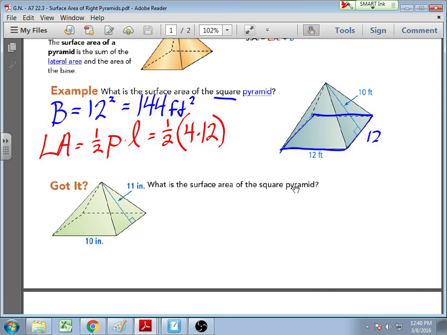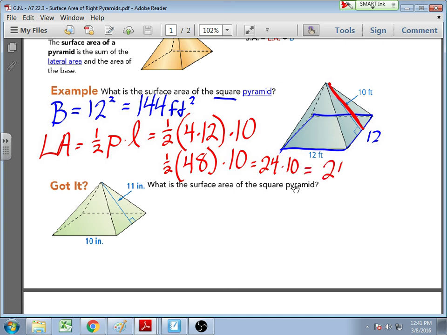And then the slant height, we're told right here, is 10. So if I drop down with my math, this is going to be 48 and this is going to be 10. 1/2 of 48 becomes 24 times 10. That gives me that the lateral area is 240, and of course that would be feet squared.